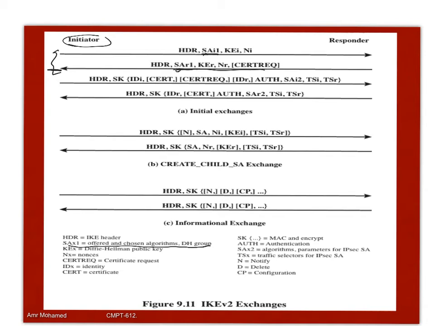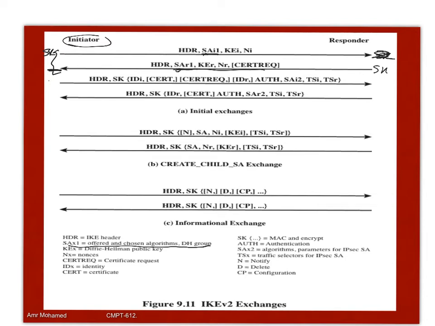So at this point, we have a shared key here and here, right? Because Diffie-Hellman facilitates the calculation of the shared key between the initiator and the responder once they exchange the public key. So once we do that, we have a shared key established on both sides.